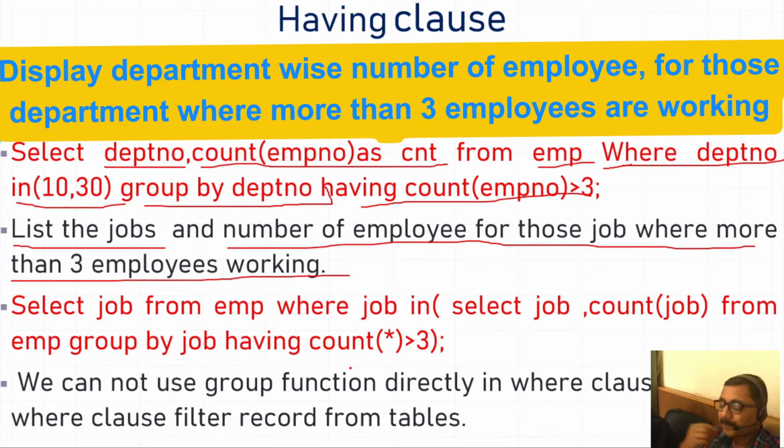Means I want to have job and number of employees working in those jobs, but the condition beyond grouping is that after grouping you need to filter or put those records in output where number of employees is more than 3. Means we need to list out all those jobs where more than 3 employees are working. This is possible with the help of having clause. This condition will check.